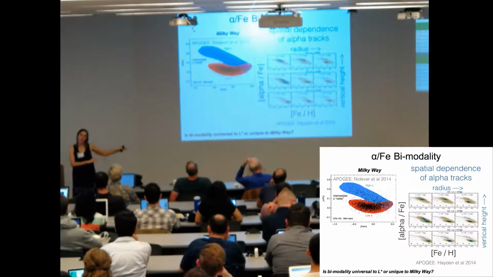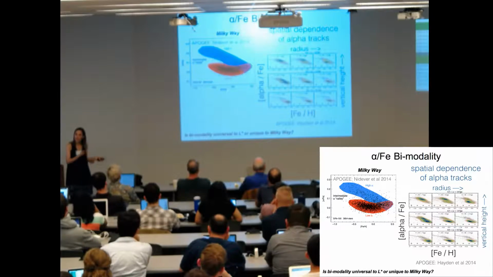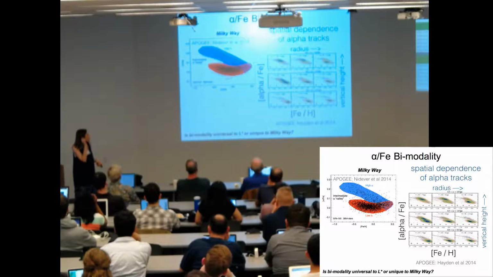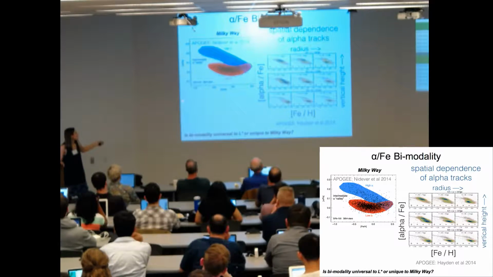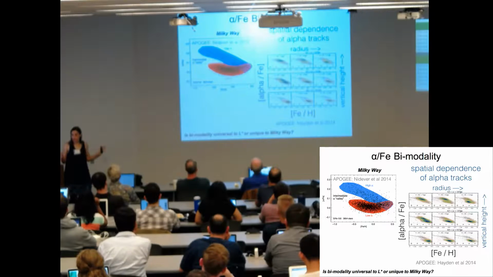So before I talked about the structural thick and thin disk, we also have a chemical thick and thin disk, or chemical bimodality, that's been found in APOGEE, as David Nidever showed here in his 2014 paper. So on this axis is iron, on this axis is alpha abundance, and what you see is there are two different tracks in the data. So what's going on here?